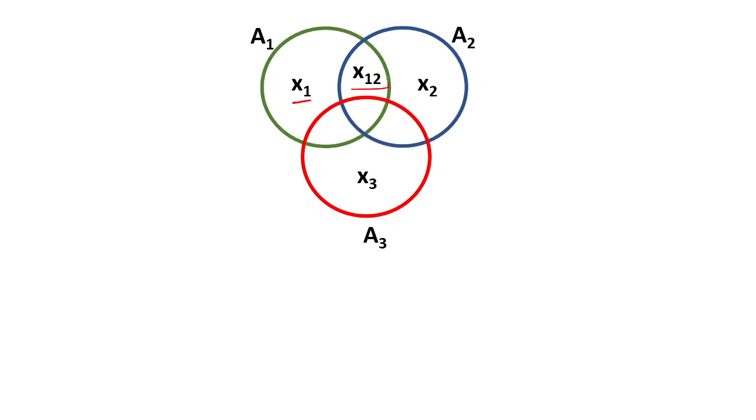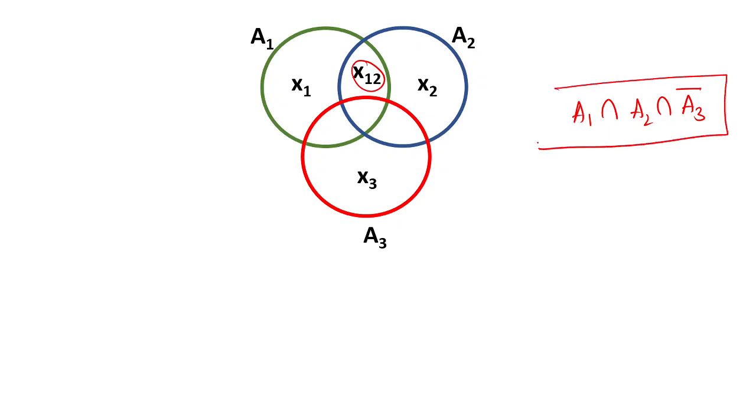This is a very interesting area. x12 is not the intersection of A1 and A2, because the intersection of A1 and A2 is this complete area. When I write x12, I mean the area which is in A1 and A2 but not in A3: A1 intersection A2 intersection A3 bar.